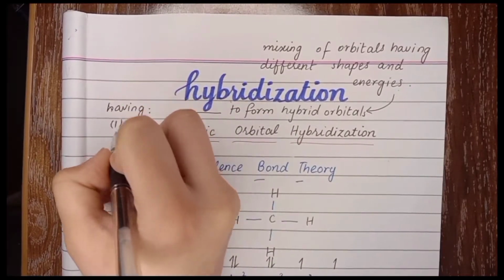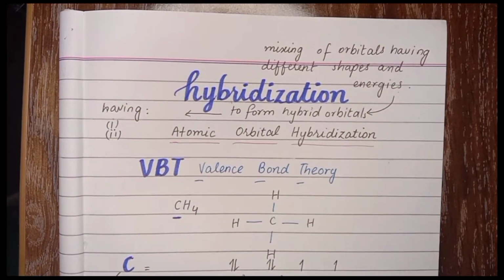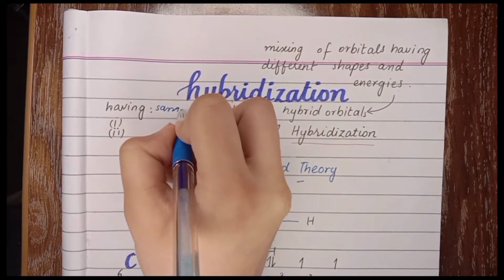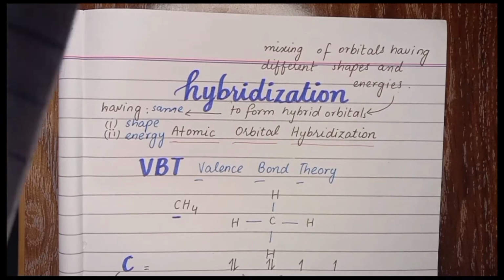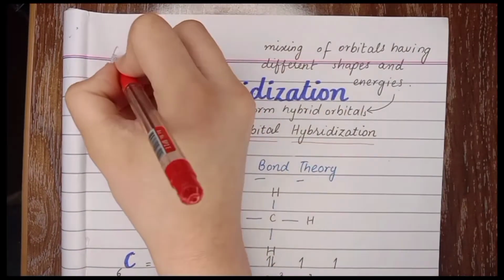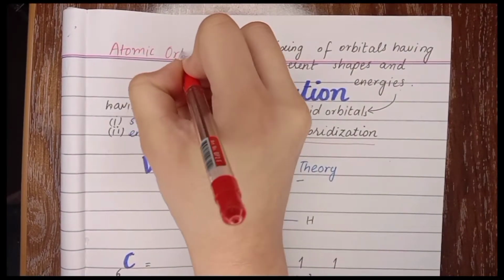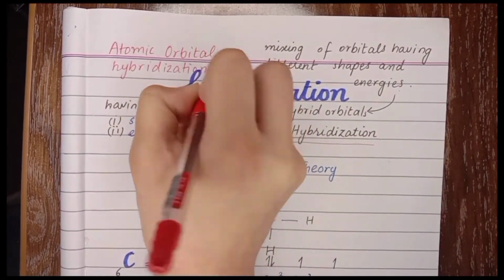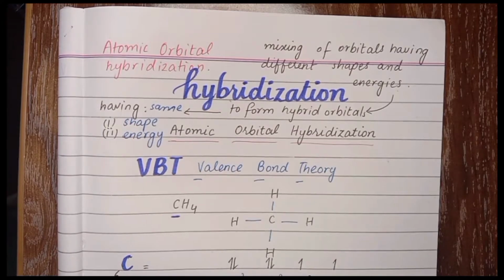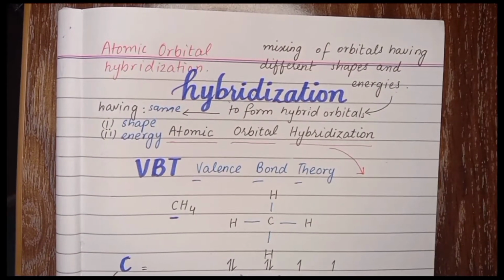Like we are mixing 2 different shaped and different energy orbitals to form similar orbitals which have the same shape and energy. These orbitals are named atomic hybrid orbitals. This is the basis of atomic orbital hybridization theory.